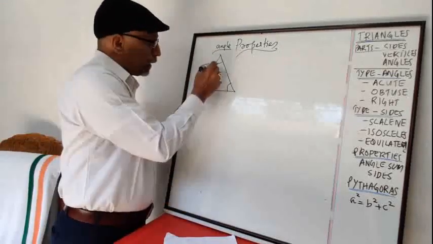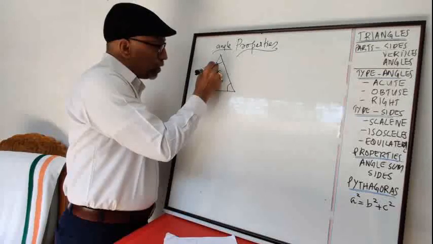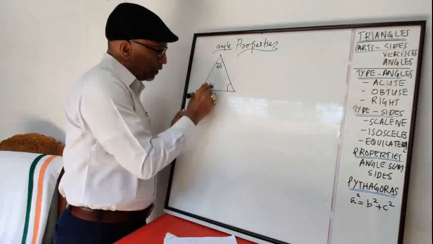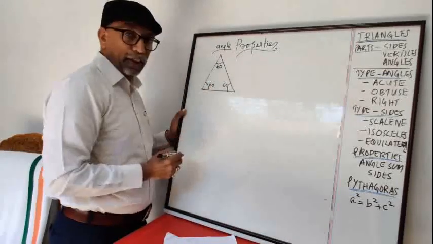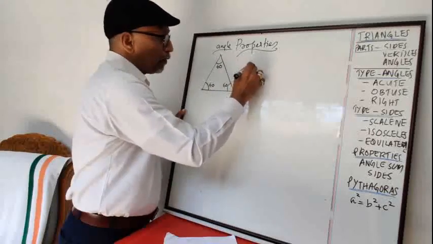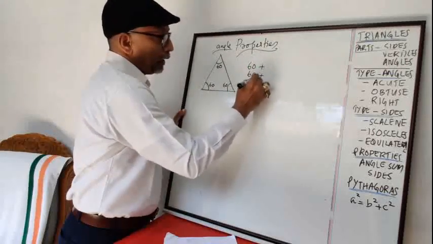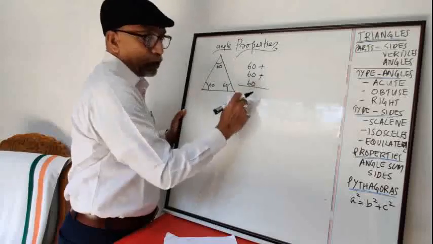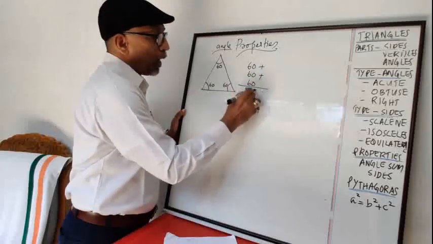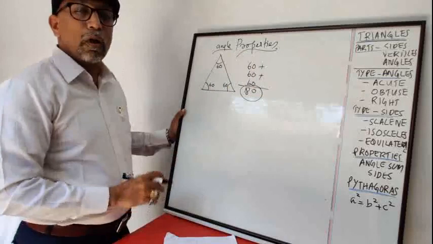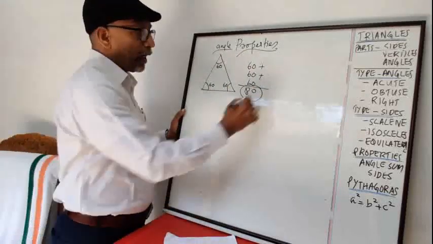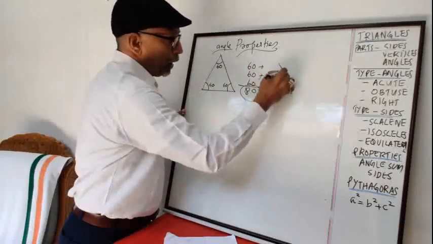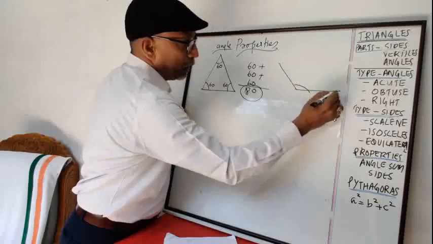You know that one? If the angles of this triangle are 60, 60, and 60, then the sum of the 3 angles of the triangle is 180 always. Always. If you take any triangle, for example, this is 100.